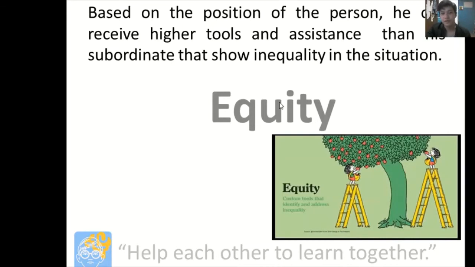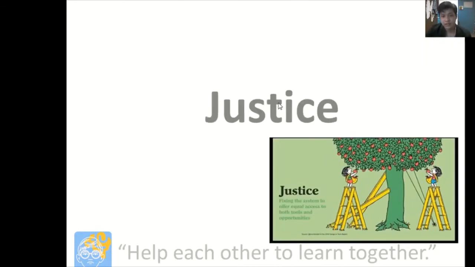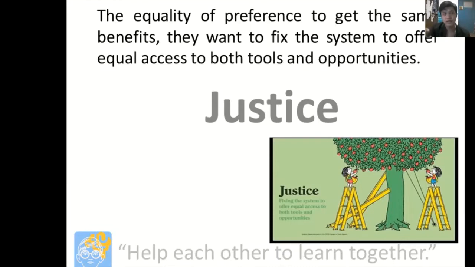Justice is fixing the system to offer equal access to both tools and opportunities. In my own terms, it is the equality of preference to get the same benefits. So they want to fix the system to offer equal access to both tools and opportunities.